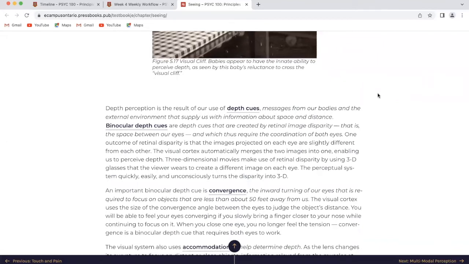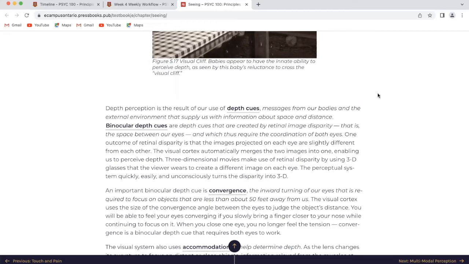Binocular depth cues are depth cues that are created by retinal image disparity, that is, the space between our eyes, and which thus requires the coordination of both eyes. One outcome of retinal disparity is that the images projected on each eye are slightly different from each other.